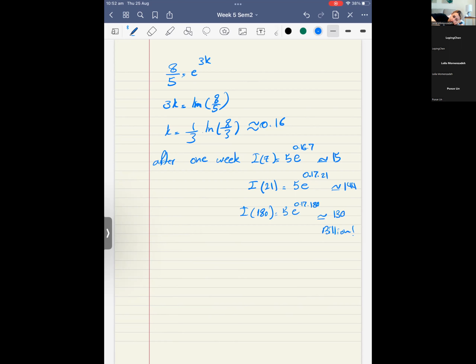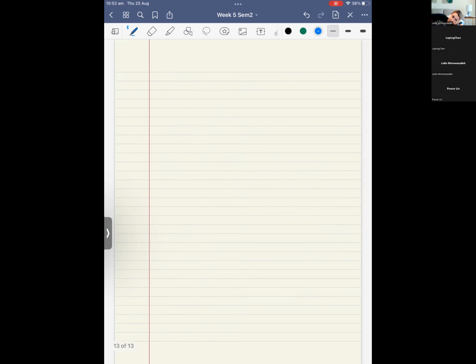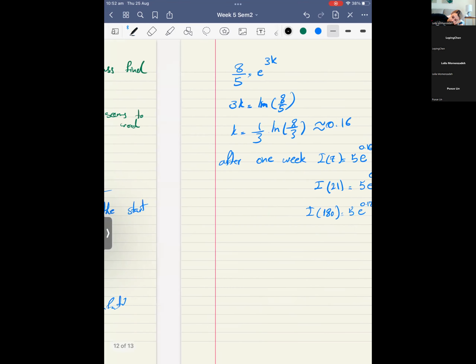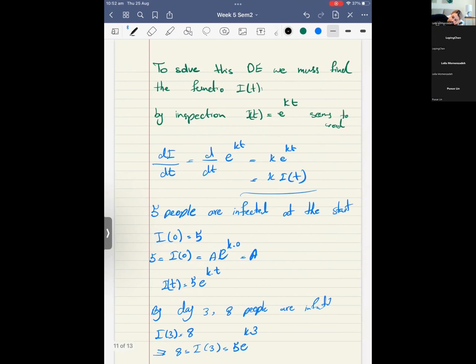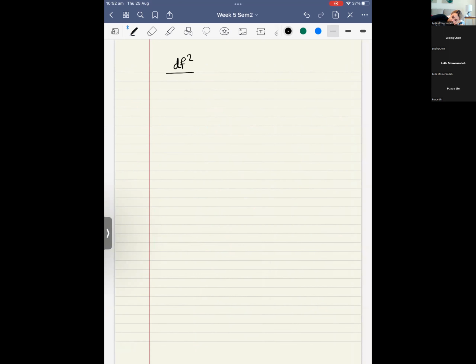Now look at the equation from the first part. d2 f(t) over dt2 plus 4 f(t) equals 0. Okay.